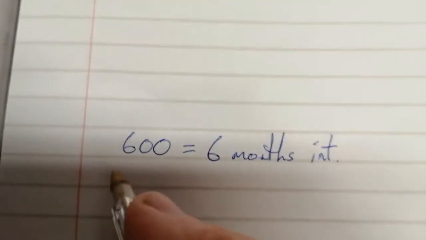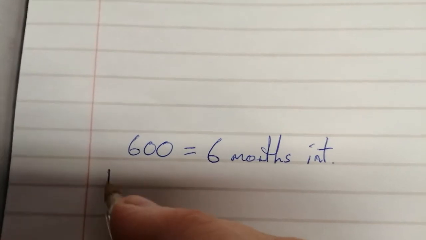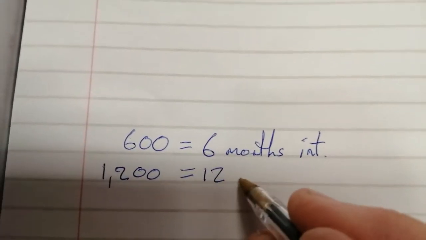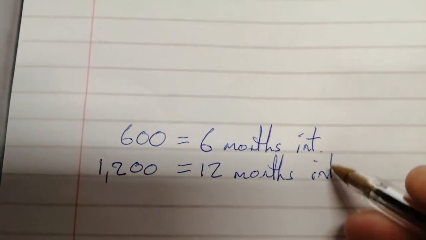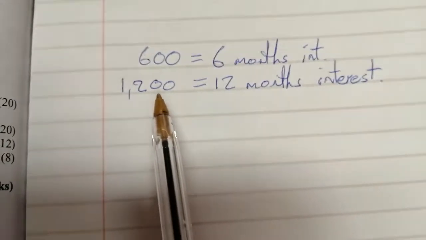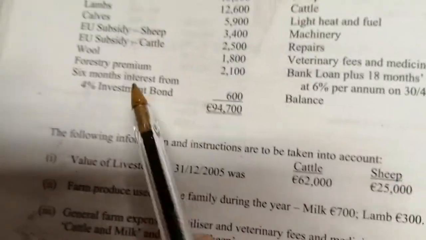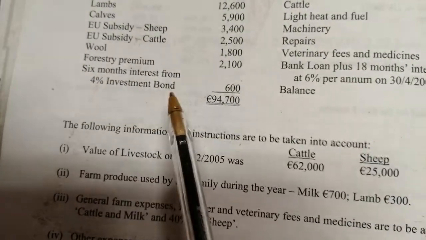Well, then I think we can easily see that 12 months interest or a full year's interest is double that, isn't it? 1,200 is 12 months interest. Okay, so that's the first thing. So that's what you should be earning a year from this investment bond if you should be earning 600 in 6 months. Okay, so the next thing to note is it says 6 months interest from a 4% investment bond.